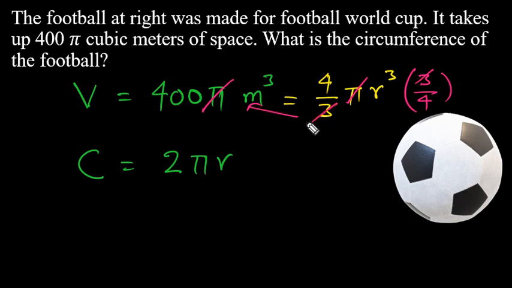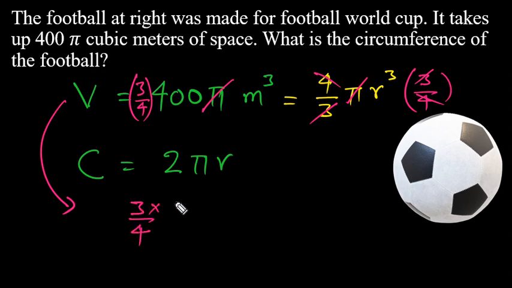So 3 and 3 cancel, 4 and 4 cancel, and you will have to multiply both sides. So there also 3 over 4. So from here 3 multiply 400, or let me rewrite again so you will not get confused. This is the equation we got.